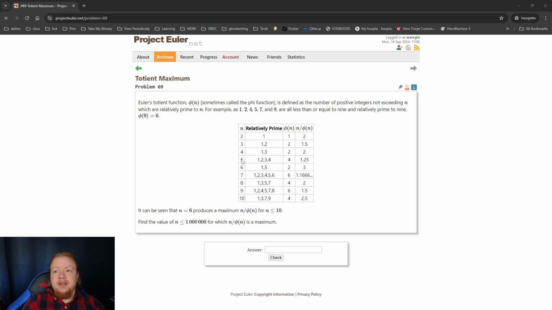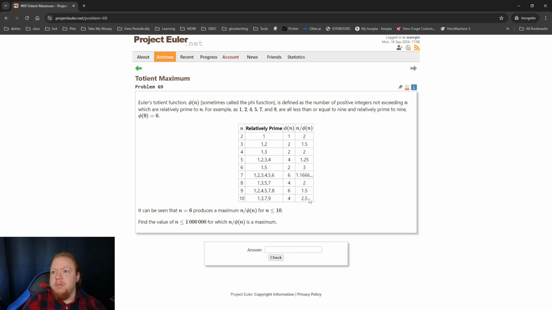So for instance, an odd number will always have every even number lower than it being relatively prime. As we can see, the highest possible n divided by phi of n here is 6, which is 2 times 3, the smallest two prime numbers.